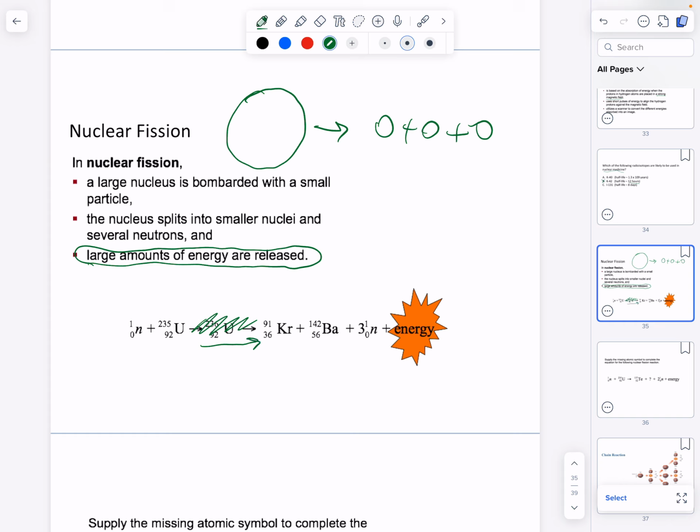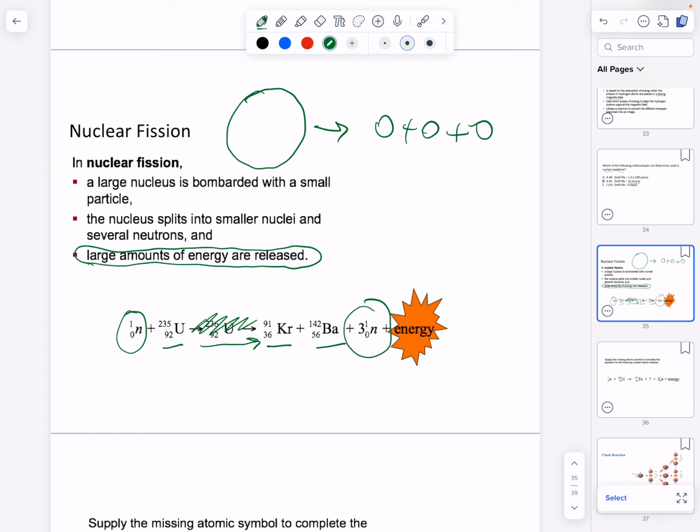This uranium is happy there, and suddenly this neutron comes and attacks the uranium and breaks it in two. It breaks into krypton and barium. Here you can see 36 of these 92 protons become krypton and the other 56 become barium. That's how it breaks. The big uranium now became two smaller nuclei, plus more neutrons.